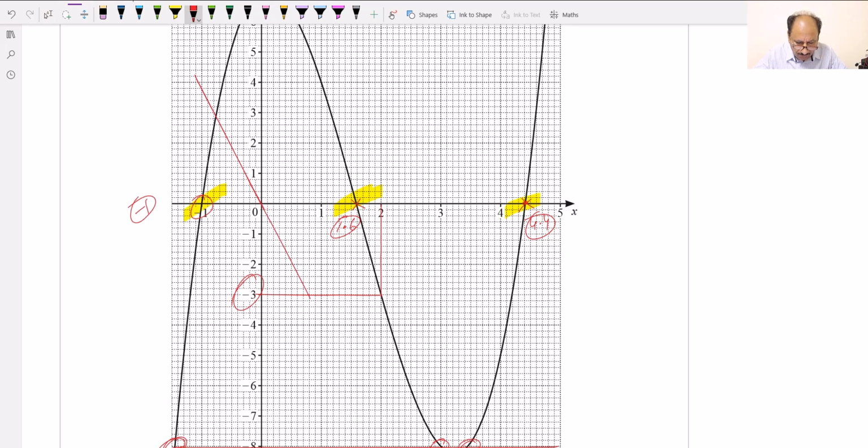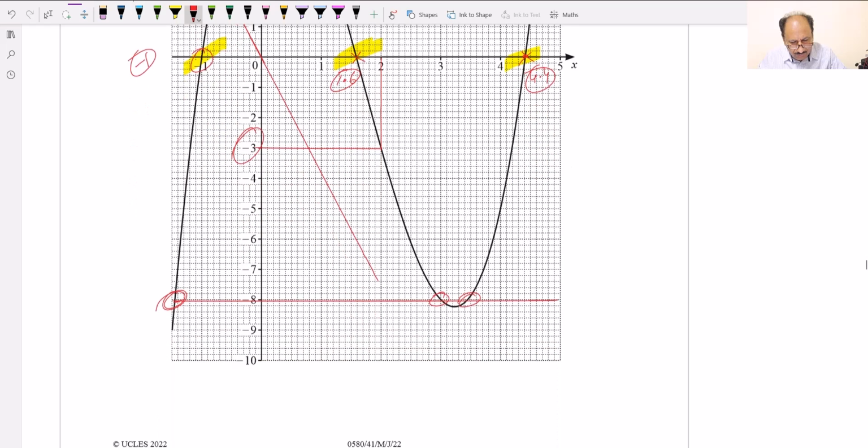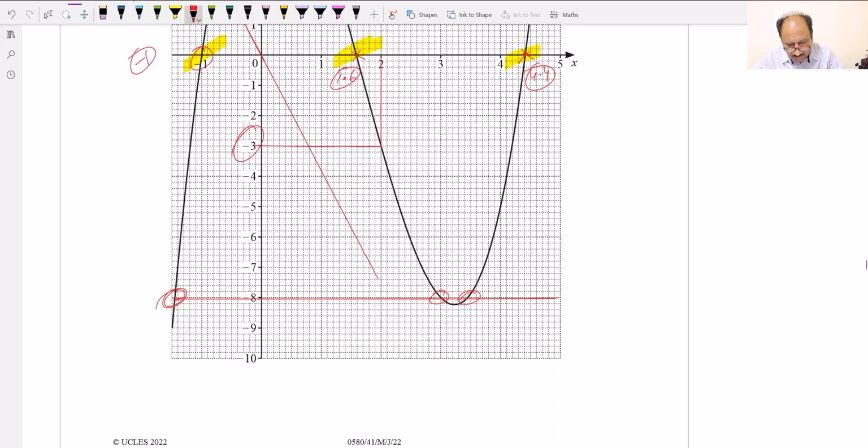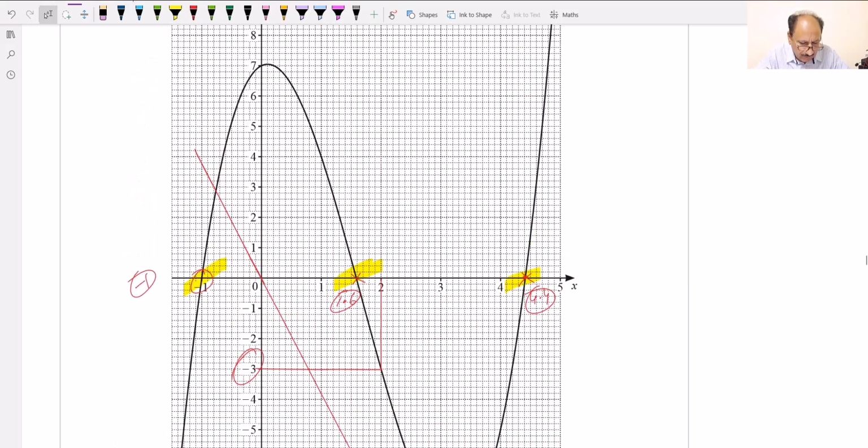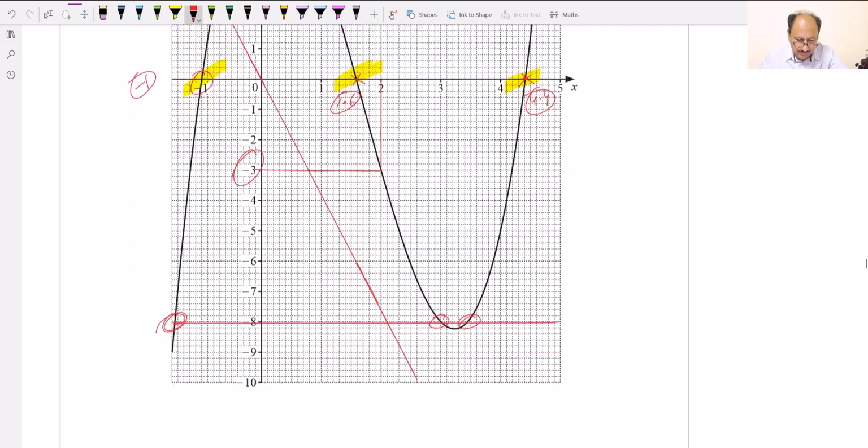Like for example, if we draw this one, it will be intersecting the curve only at a single point. So we can see it's not intersecting at more than one point. So this is the line which we can show on our grid.